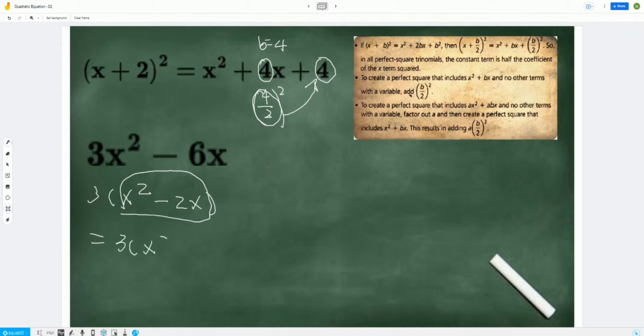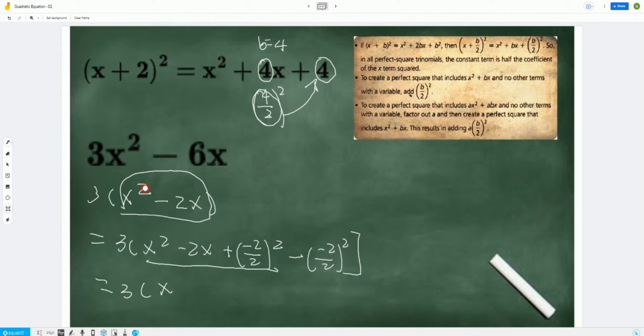In order to make a perfect square, we add (negative 2 divided by 2) squared, and subtract the same thing, to keep the balance. Then you continue: 3 times (x minus 1) squared. So this is vertex form.